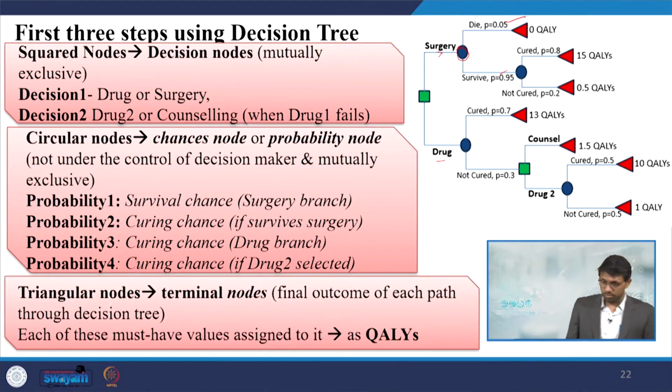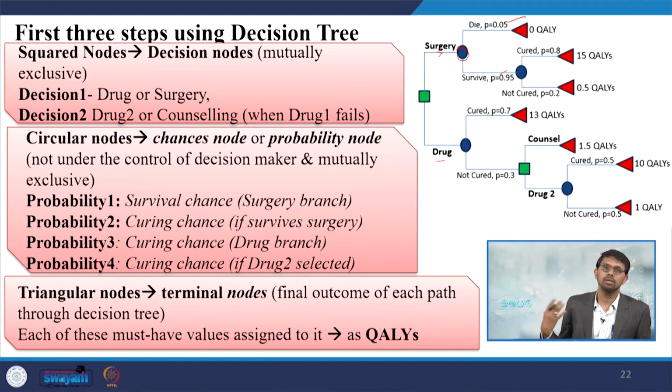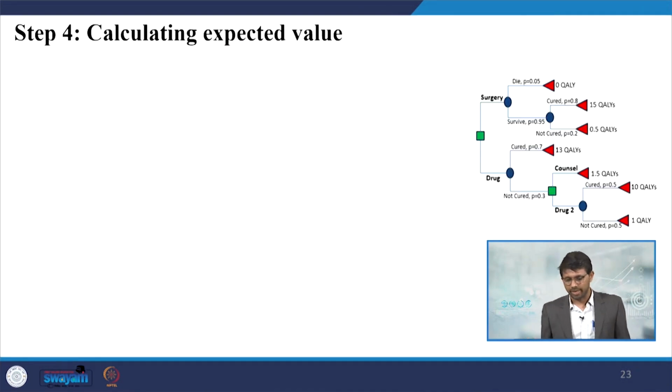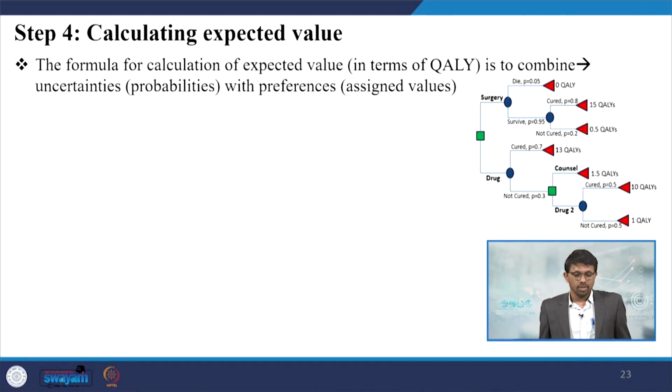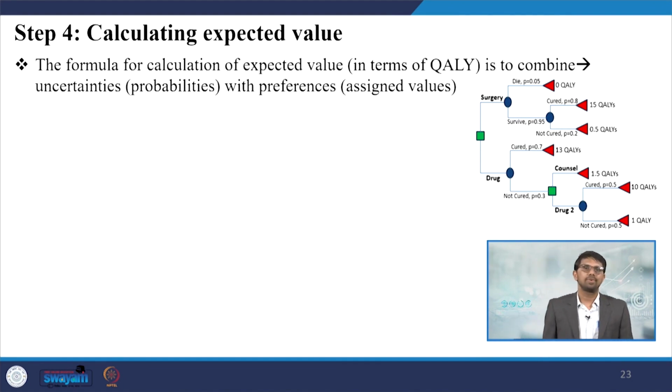The last type of node in a decision tree is the triangular node, also called terminal nodes or final nodes, the final outcomes of each path through the decision tree. Each of these must have values assigned, with certain qualities, to take the final decisions. Given this context, we are to calculate the expected value.